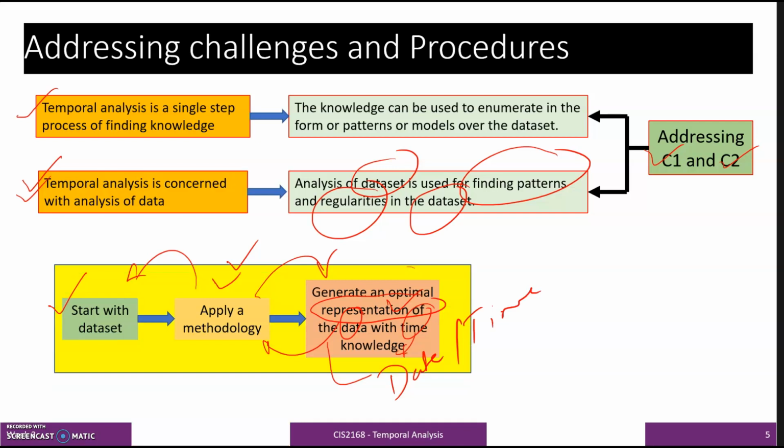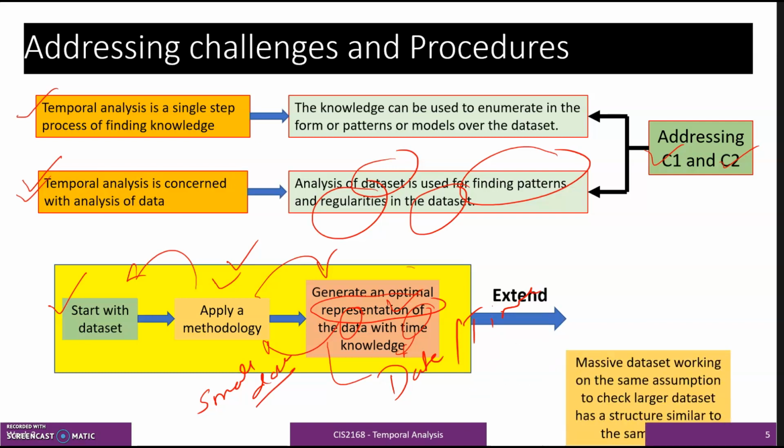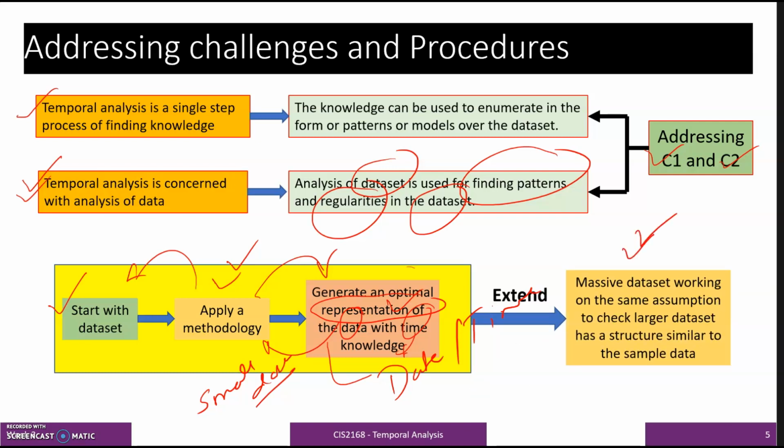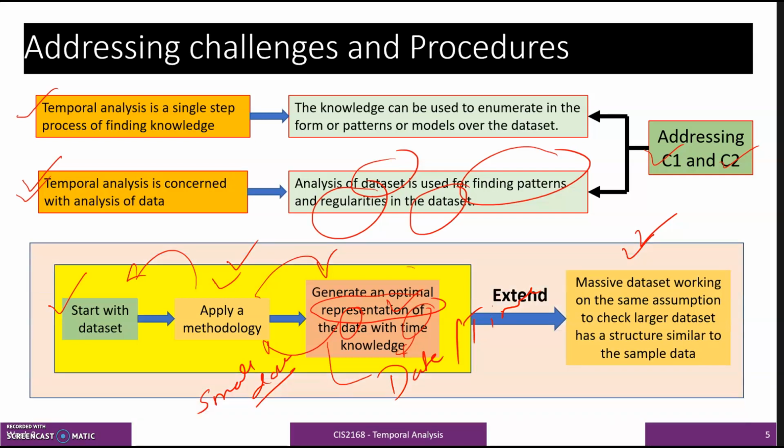We will apply these three steps for a small data set, and then we can extend it for a large volume of data to understand the structure of the data for the prediction purpose.